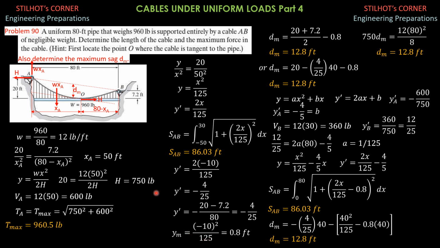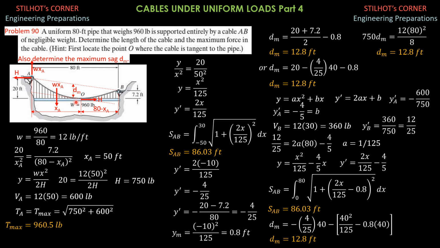So y sub m, therefore, ym is the vertical distance of that point on the cable at the center from the x-axis, which is the axis of the pipe. So we have a small ym there. So into the formula for y, which is x squared over 125, so negative 10 quantity squared over 125, that's 0.8. The vertical distance from the x-axis to that point on the imaginary chord at the center is the average of 20 and 7.2, then minus ym.